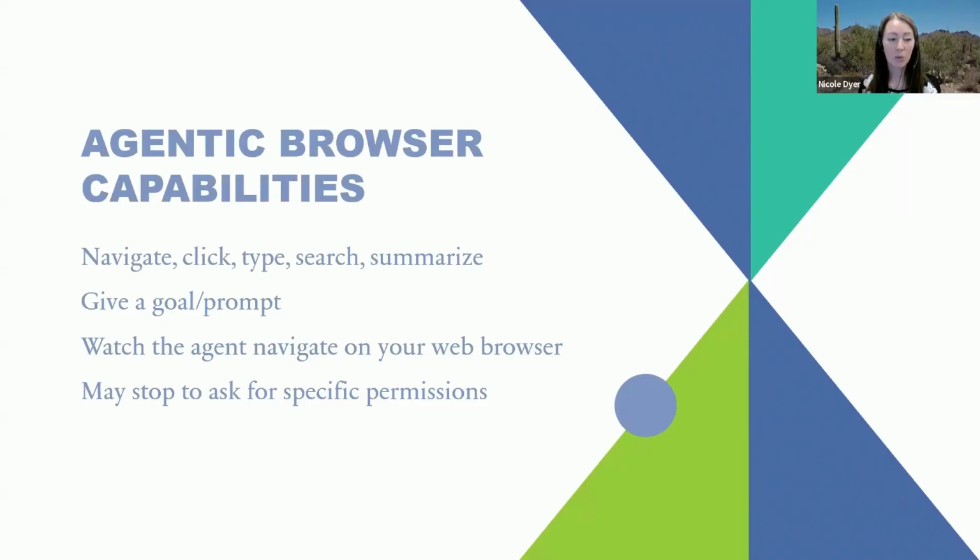What they can do is everything you can do on a web browser. You give the AI assistant, usually in the form of a sidebar next to your web browser, a goal or a prompt. It usually works best if you give it instructions for what to do and then what to do with the information when it's done, like putting it into a Google Doc or summarizing it for you so you can copy and paste it somewhere else.